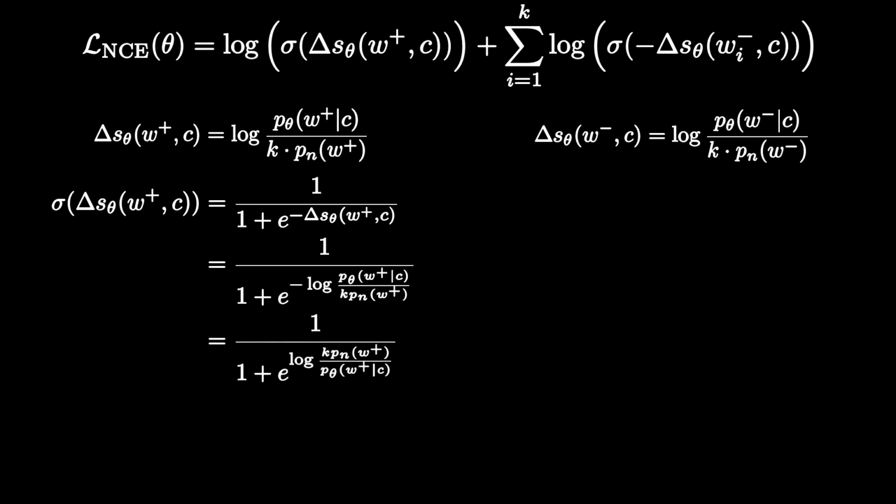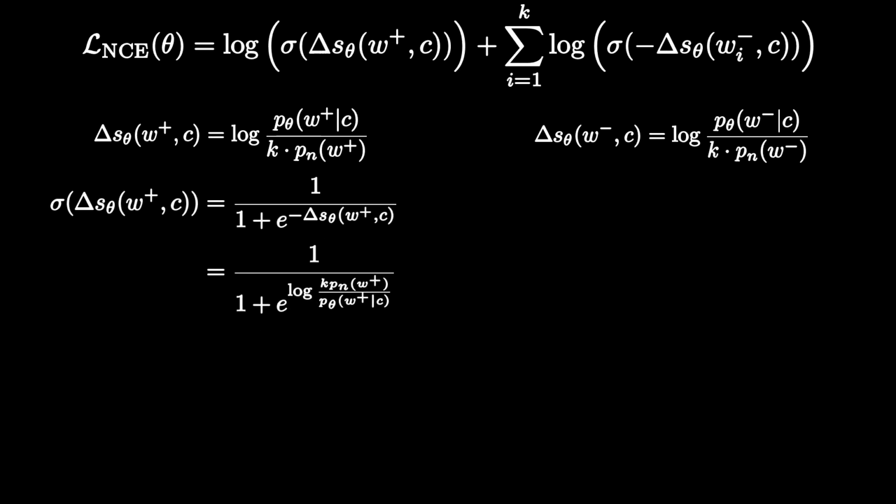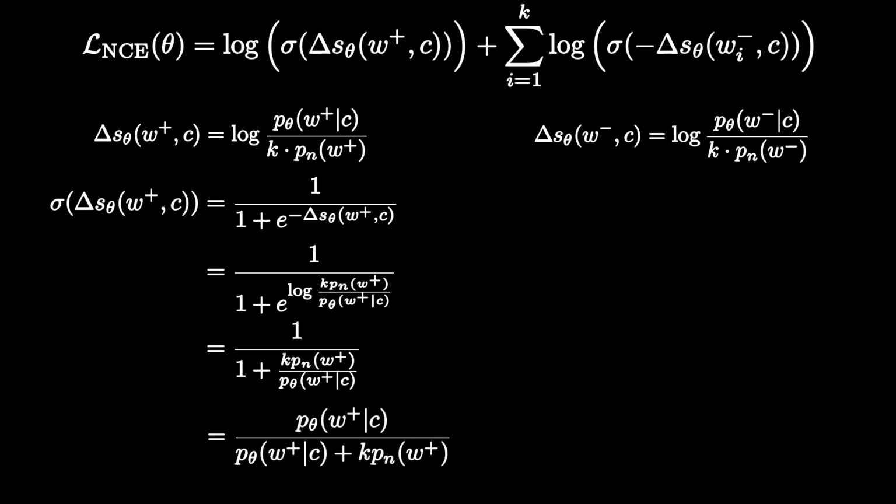Now I have flipped the ratio and thereby removed the negative sign in the exponential function. Since exponential and log cancel each other, we get this expression, and this is the final simplification of this. As such, in many papers, the authors started with this expression and called it the posterior probability of positive samples.